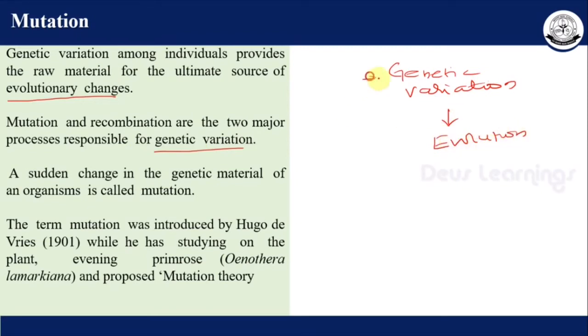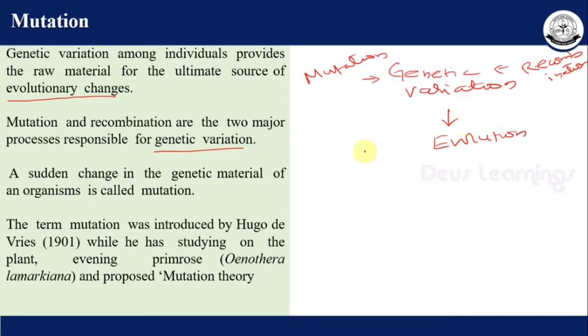For genetic variation there are two processes involved: one is mutation, another is recombination. With the help of mutation and recombination, genetic variation comes, which promotes evolution.